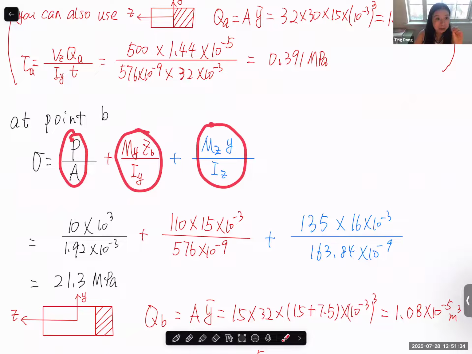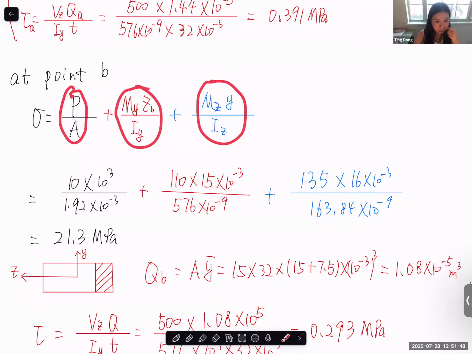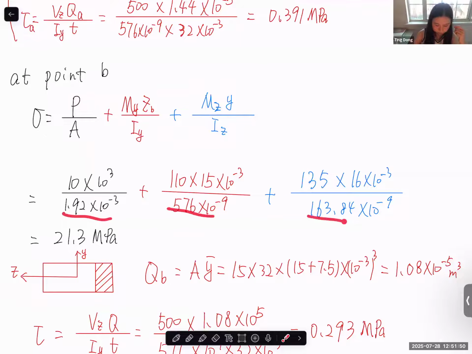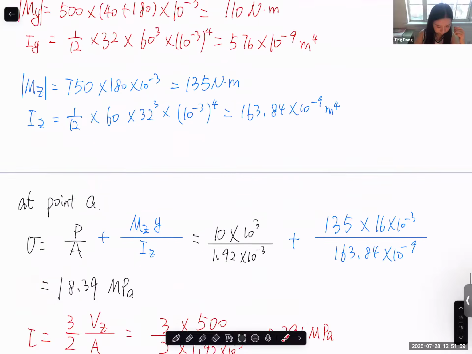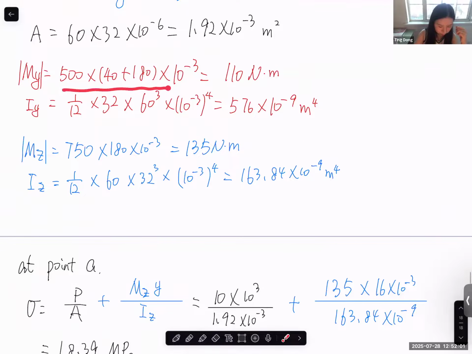Be very careful: this is not about adding the moments. You cannot add the moments if it's bending about different axes. You can only add the stress generated by the bending moments. So all positive. Be careful with the moment arm for bending about the y-axis and bending about the z-axis. This is calculated here.